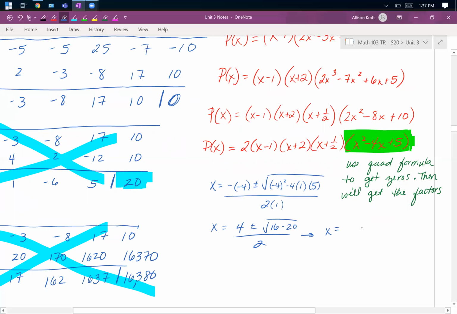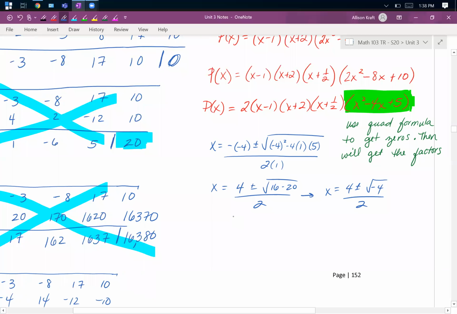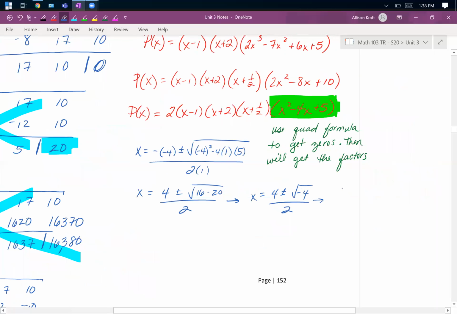It's going to be 4 plus or minus the square root of negative 4 all over 2. We know that the square root of negative 4 is equal to 2i. And then we'll break it up into two separate fractions and simplify and get 2 plus or minus i.